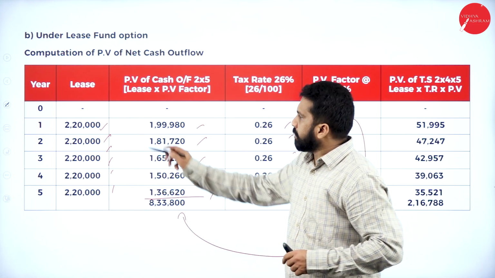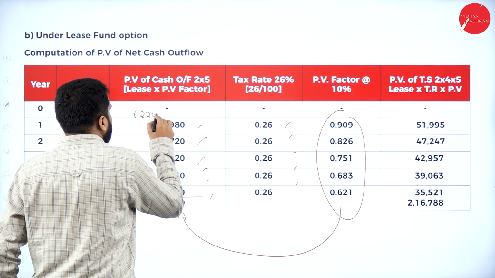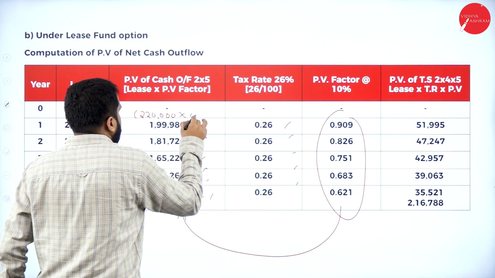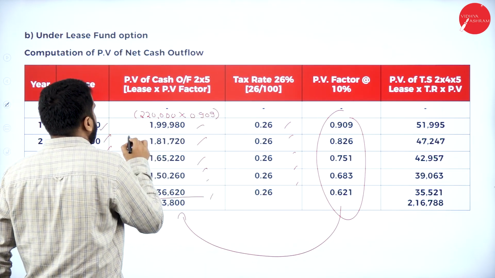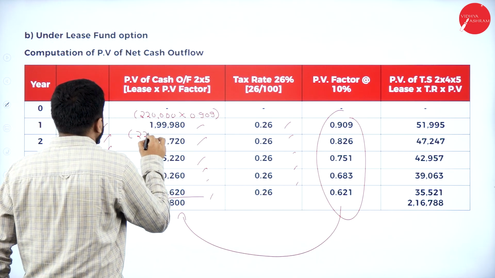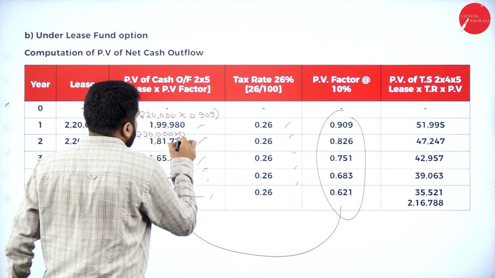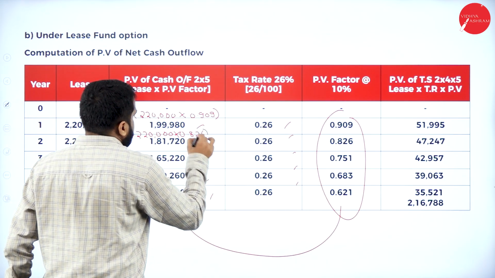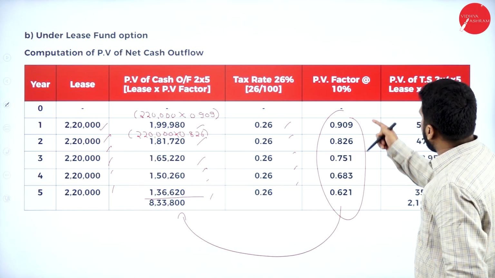Hope you are clear. So how did you get 1,99,000? I'll show you. 2,20,000 multiplied with 0.909. How did you get 1,81,000? 2,20,000 multiplied with 0.826. Similarly, you got your answer. Now multiply, you will get the answer.